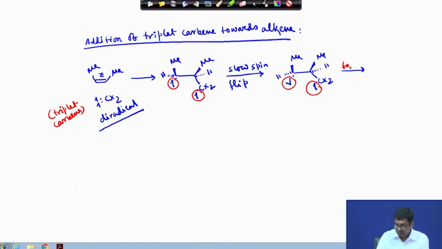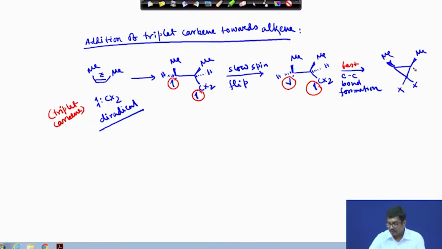So, this is the first step, the carbon-carbon bond formation. Once the carbon-carbon bond is formed, we get our desired cyclopropane ring, with similar stereochemistry to the starting material. So, the overall geometry is preserved here.